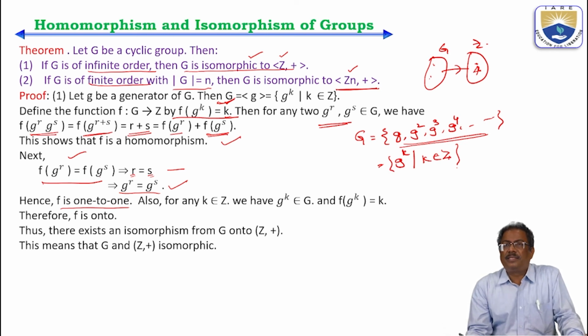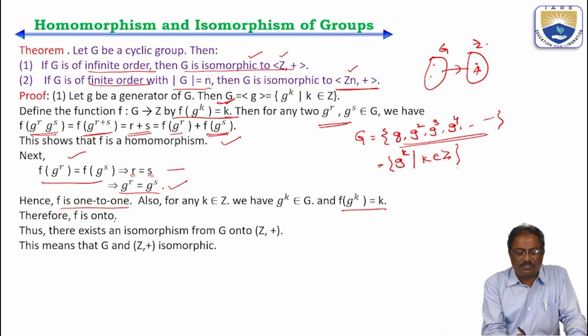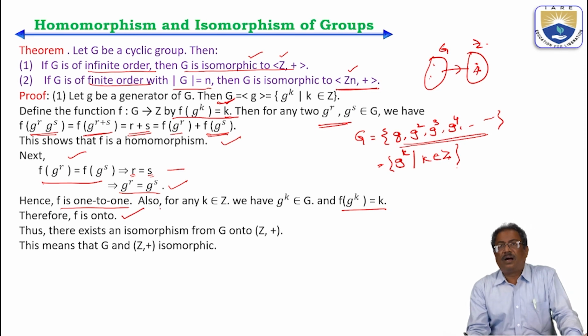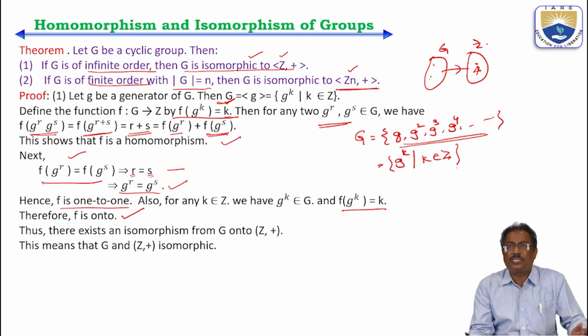And if I take K, then its pre-image is G power K. So automatically we can say that it is onto. So the function is one-one, onto and a homomorphism. So we can say that it is isomorphic. So G is isomorphic to Z.